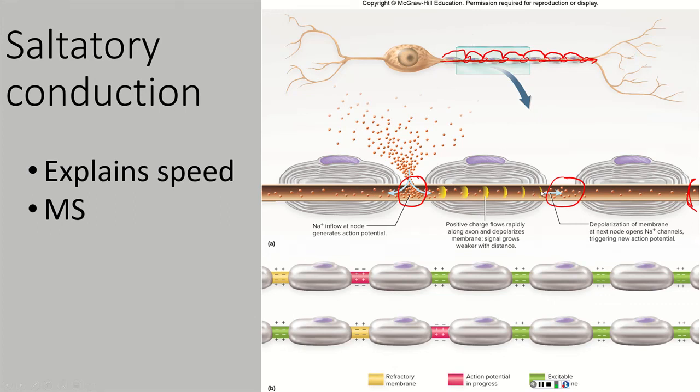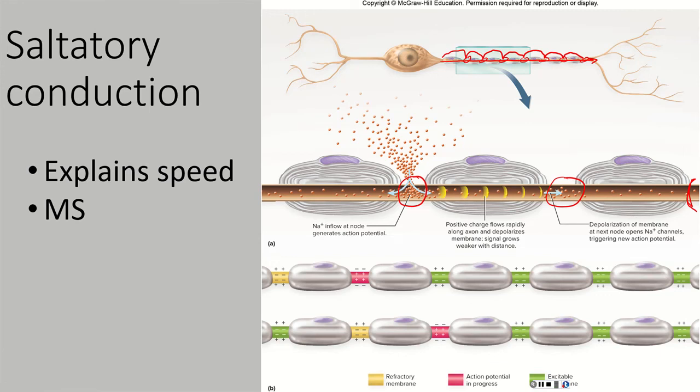That's why a myelinated axon conducts an action potential faster than an unmyelinated axon. Now, since there are no action potentials that occur here where the Schwann cells are, there are none of those proteins that we drew.